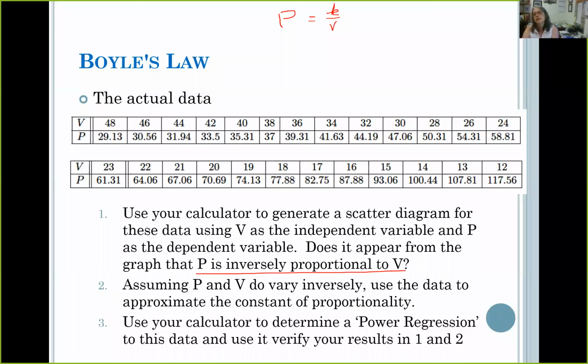Or the other way of writing that is pressure should equal some constant times v to the negative 1 power. So let's do a regression. We could do this with a power regression on our calculator. We can also do this in Desmos. Desmos is going to be easier to see, so let's use Desmos.